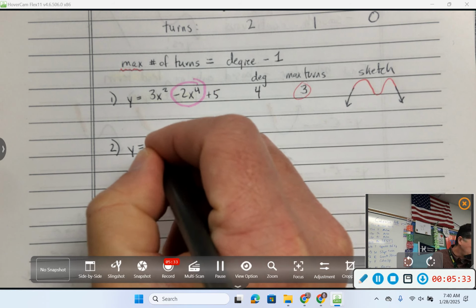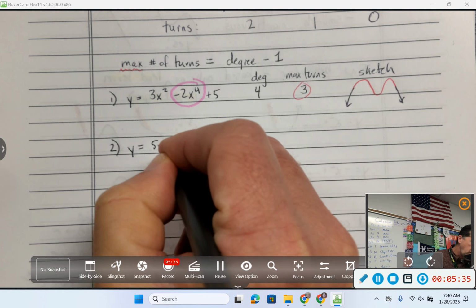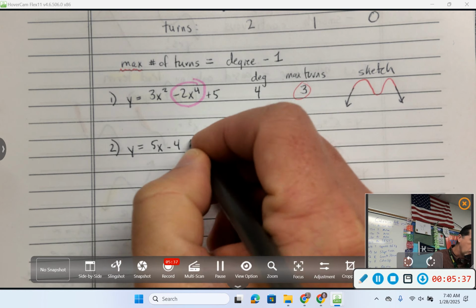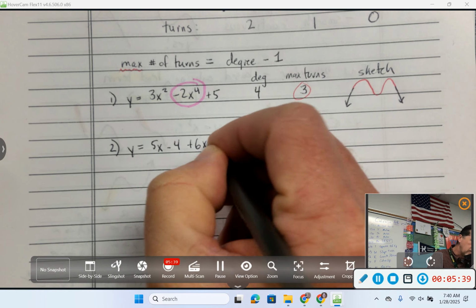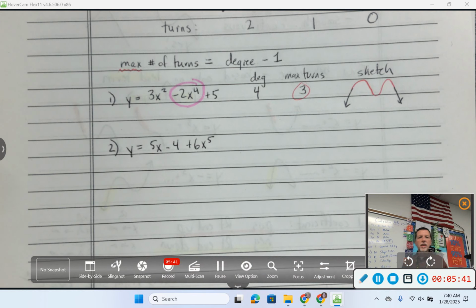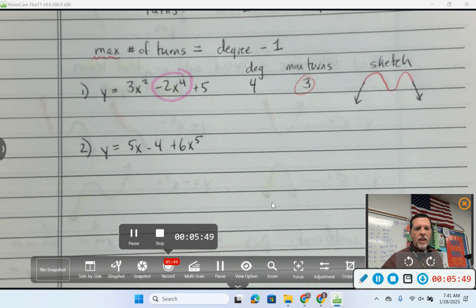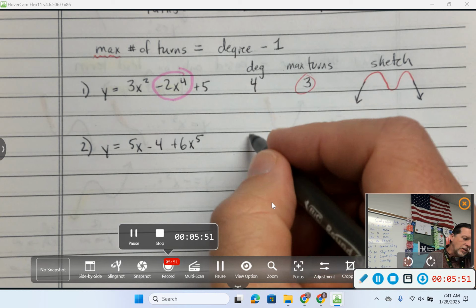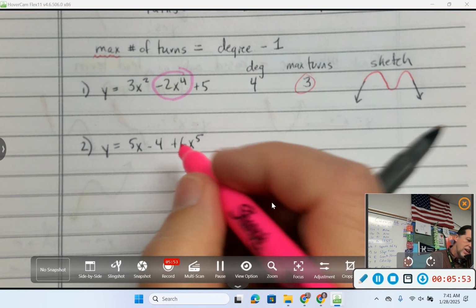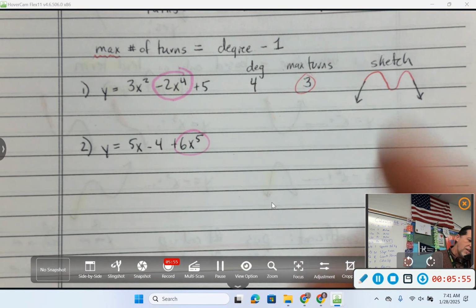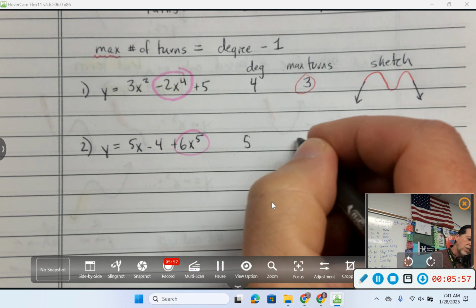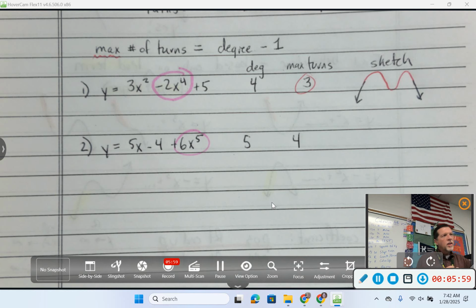Y equals 5x minus 4 plus 6x to the 5th. You know what, it's only the second one, but you're smart people. Why don't you see? Okay, so what's the degree of that guy? 5. So how many turns? 4. What's the right end doing? Going up.